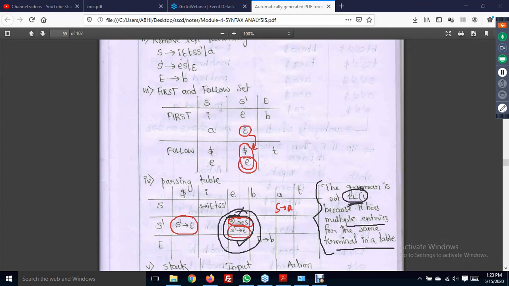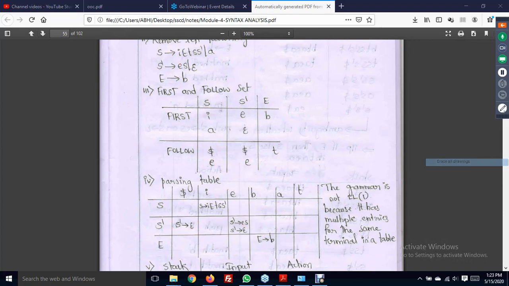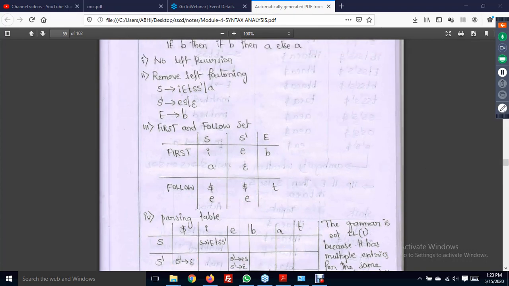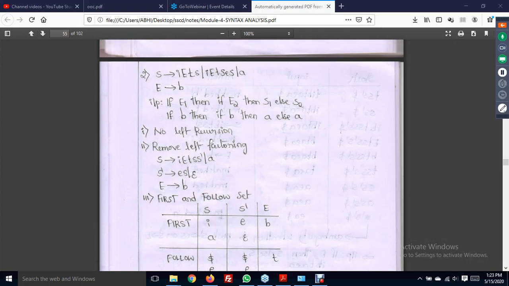We have to check whether the grammar is working fine with respect to the inputs. If E1 then E, if E2 then S1 else S2, if B then A else A. This is my second input.